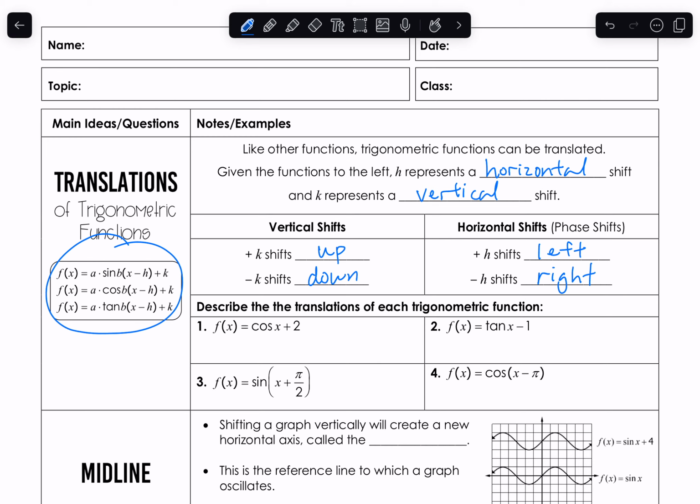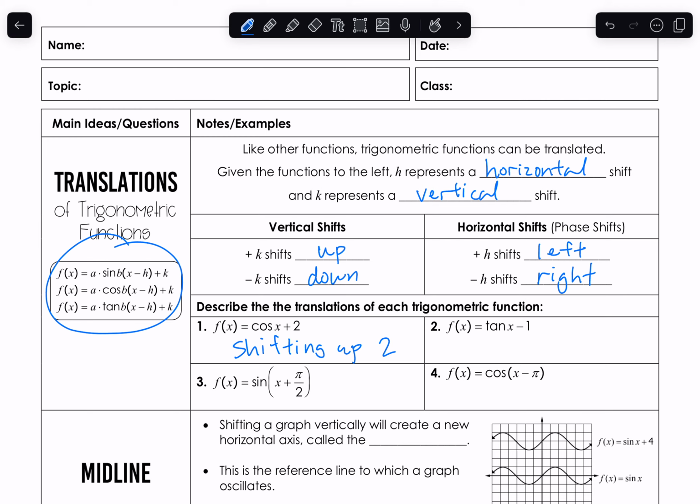So it's backwards. Just like yesterday's lesson, we want to describe what the graph is doing based on the equation. So if I see a +2, that's a k. So this cosine graph is shifting up 2.